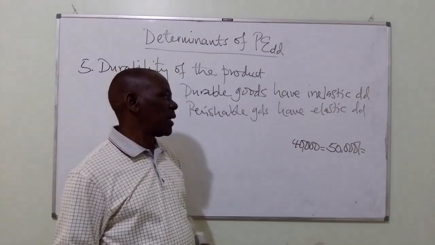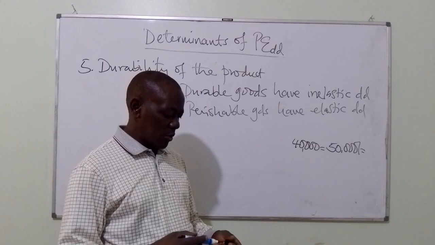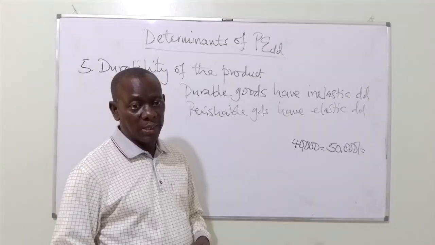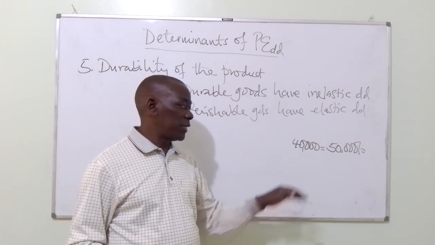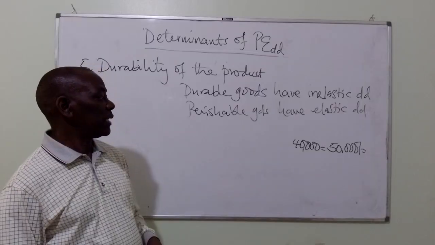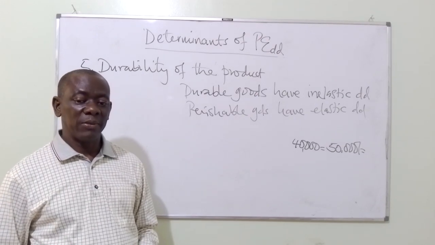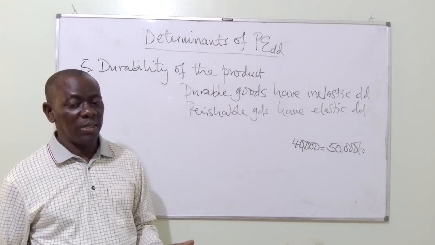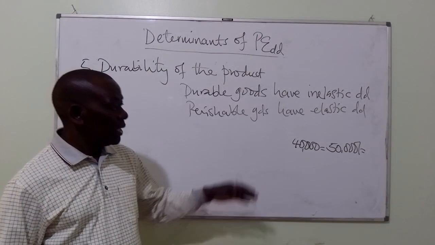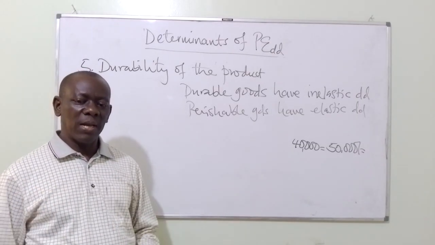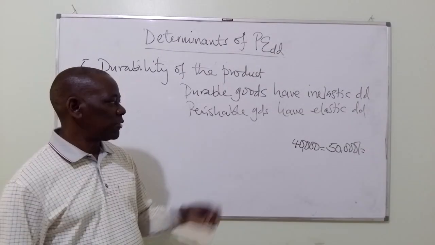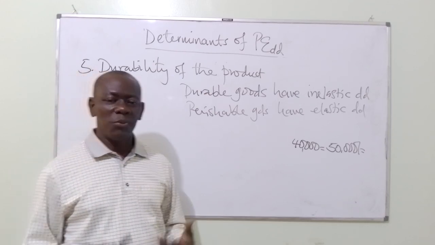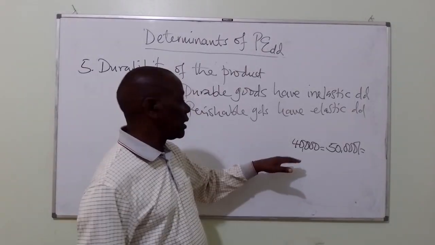That is an increase of 10,000. You will find that a person will buy it, even if he's a poor person, even if he's a rich person, he will say, let me buy it. After all, I buy it once and forget. It will take me another 5 years to buy another saucepan. So he will buy it.